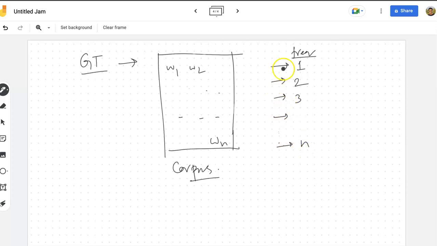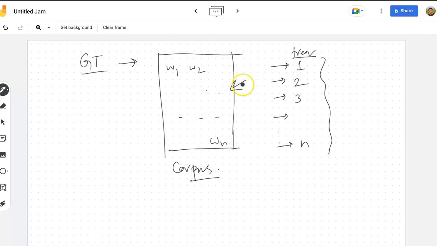Now, for the words which have a non-zero frequency count, it's easy to get their MLE. But suppose a word has not occurred in your corpus, then how will you guess their frequency, their probability?